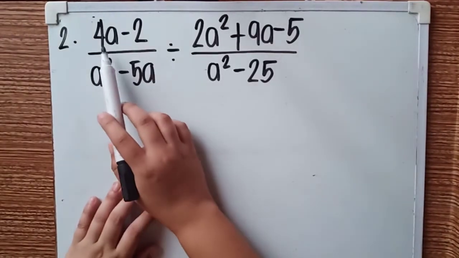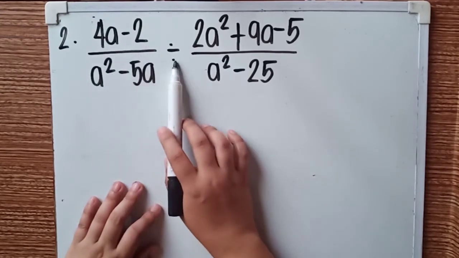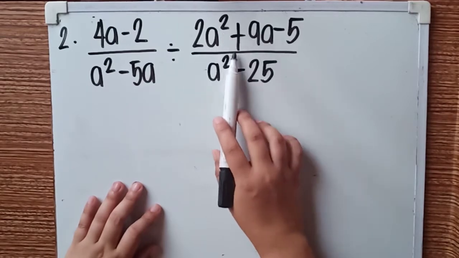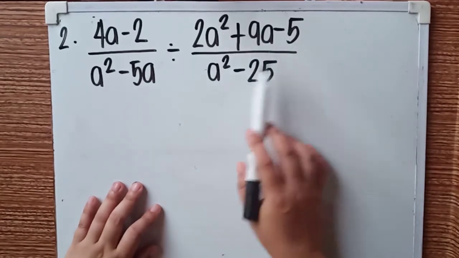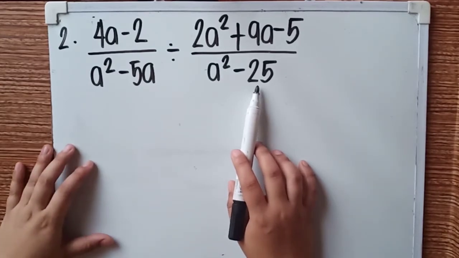Example number 2. 4a minus 2 over a squared minus 5a divided by 2a squared plus 9a minus 5 over a squared minus 25. Step 1.